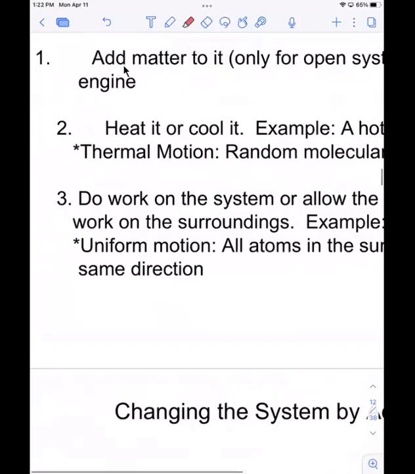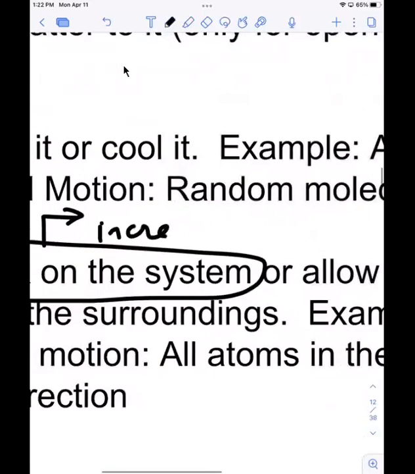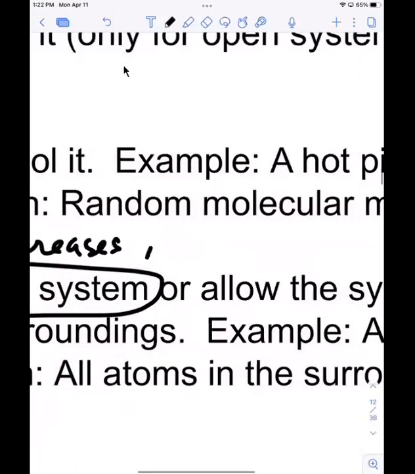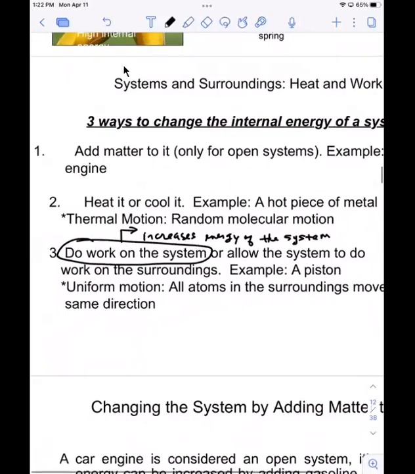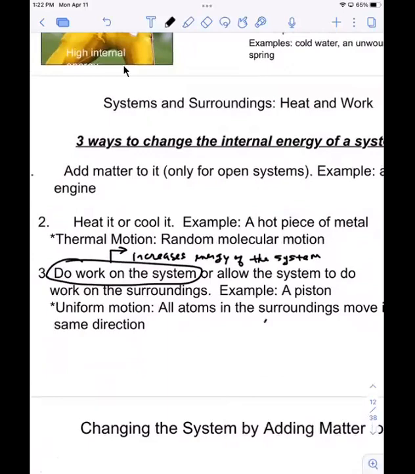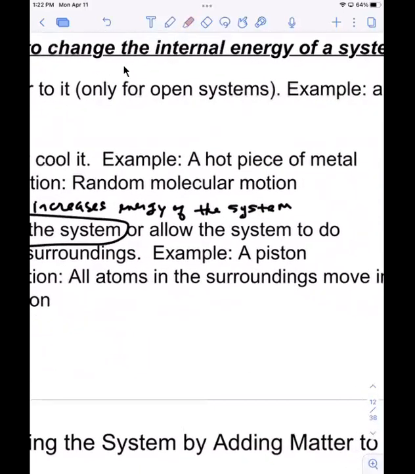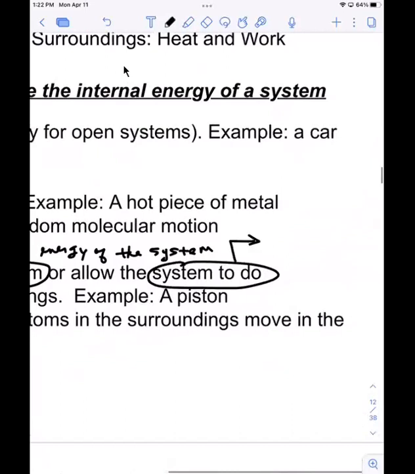So if we say that we're doing work on the system, that's going to increase the system's energy. Right? If we say that the system is doing work, that's going to decrease its energy.